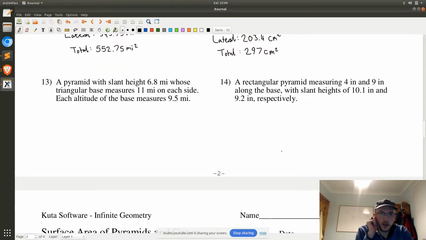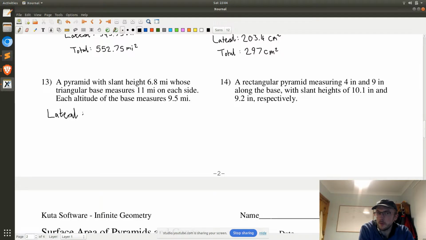A pyramid with slant height 6.8 miles, whose triangular base measures 11 miles on each side. Each altitude of the base measures 9.5 miles. Okay, so 6.8 has to be multiplied by 11 and then divided by 2 to just get one of the lateral faces.